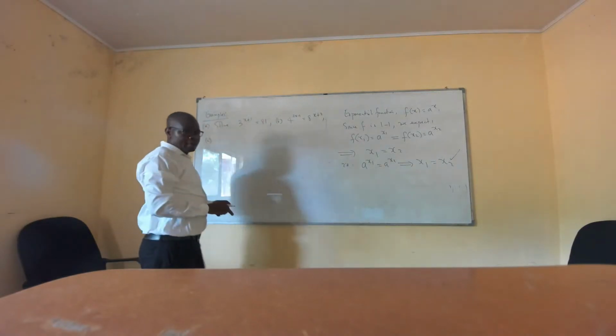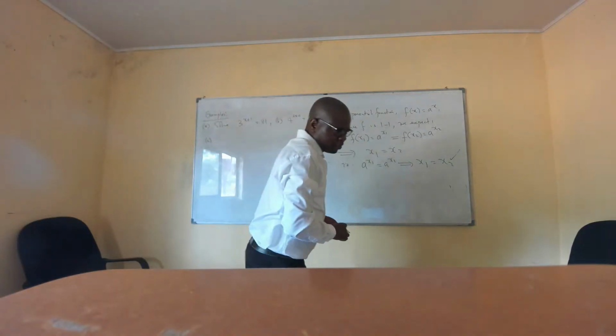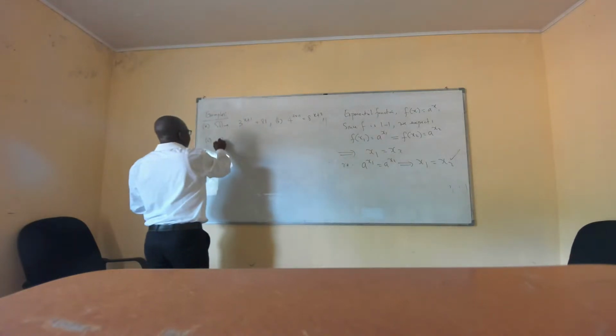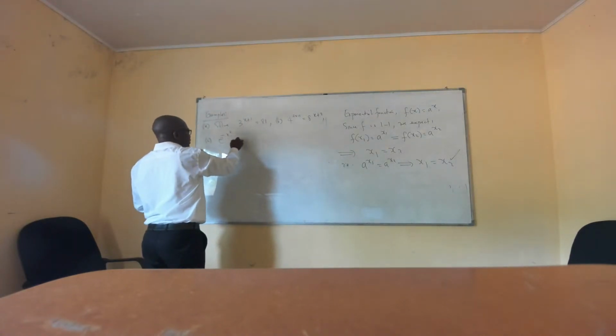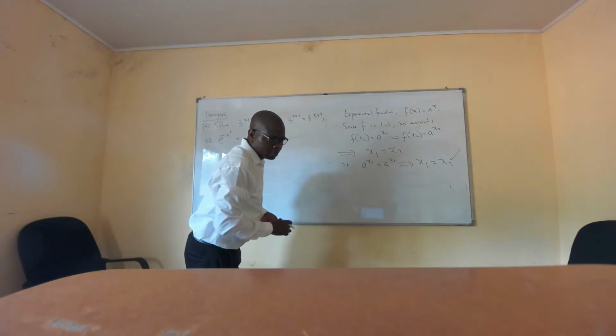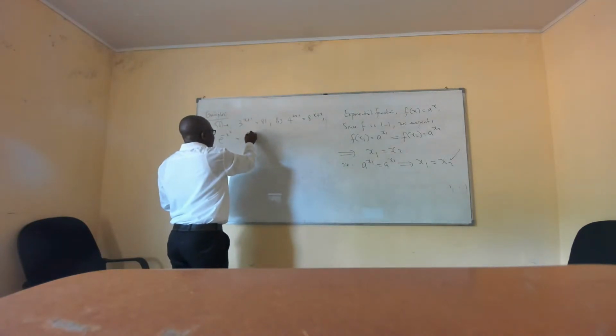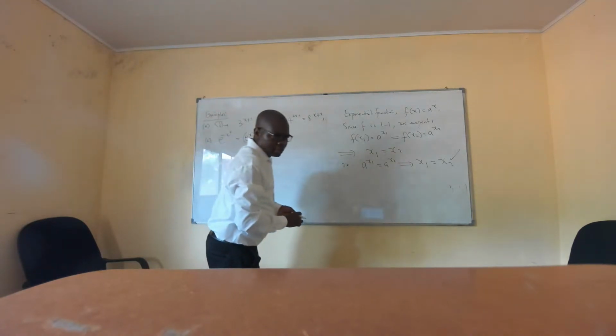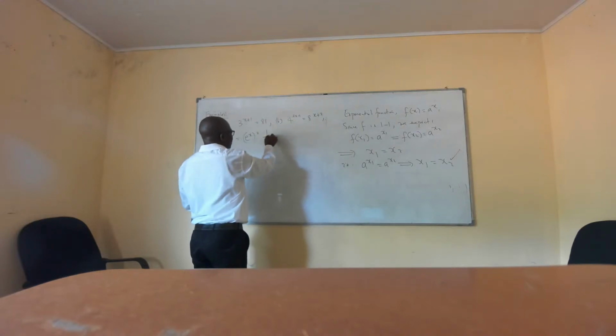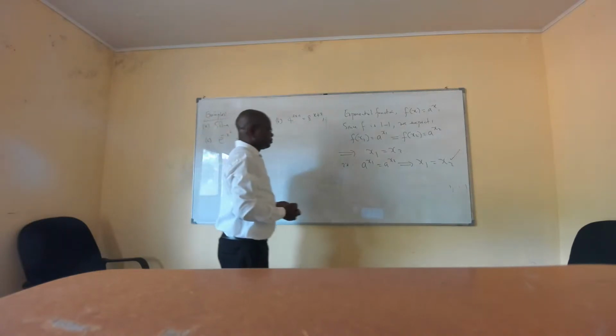C: we have e to the power minus x squared equals e to the power x, whole squared, into 1 over e to the power 3.